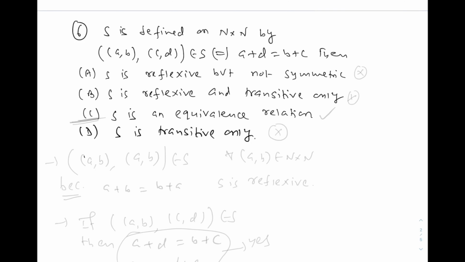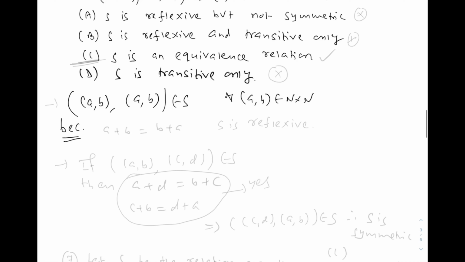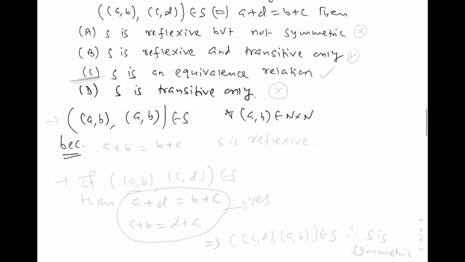Now see, here two elements are like this, (a, b), and that belongs to S, for all (a, b) belongs to N cross N. Why? If (a, b) belongs to S, then it should be like this, a plus b equal to b plus a.